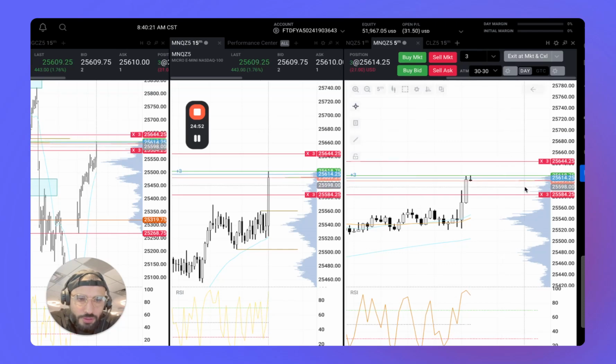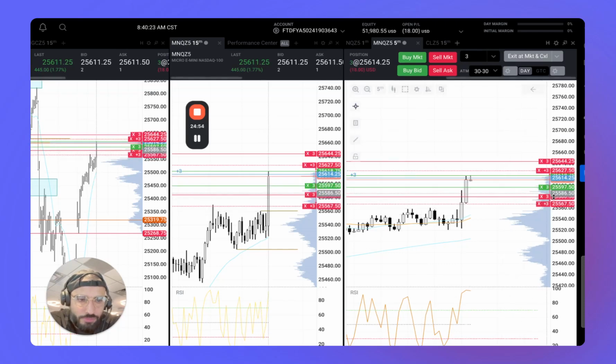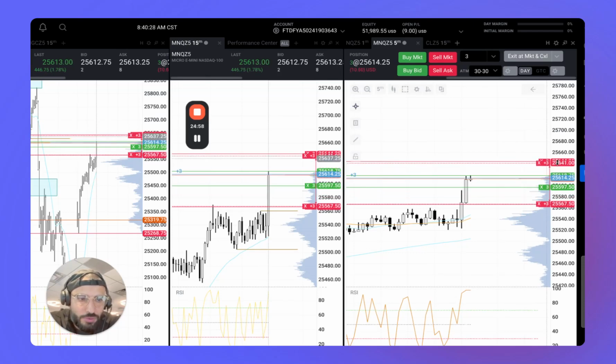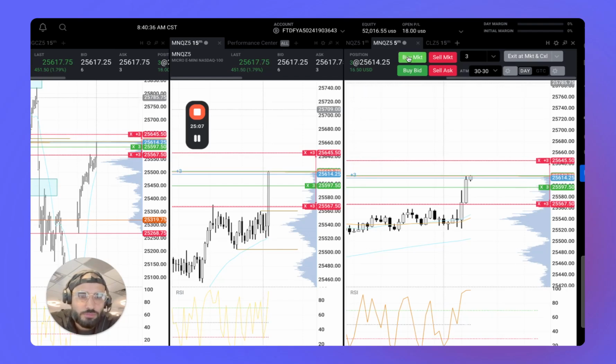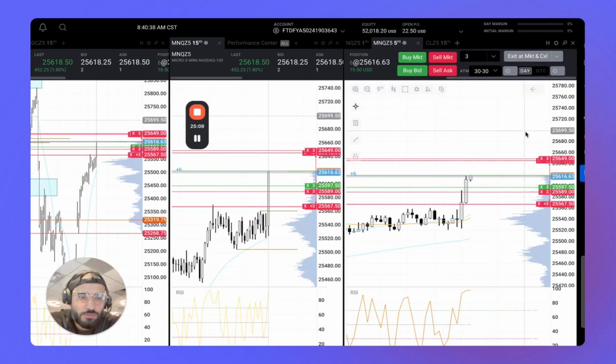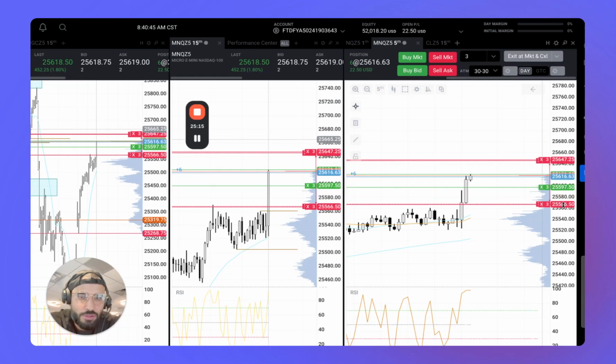Yeah, so let's see here. If it comes down here, I'll buy. We're gonna play this push to the 640, 650. Gotta let it play out, to have conviction that this is gonna play out.